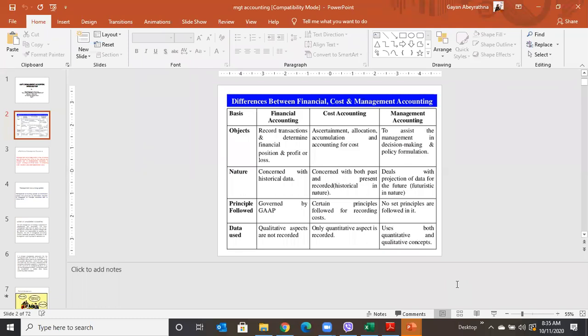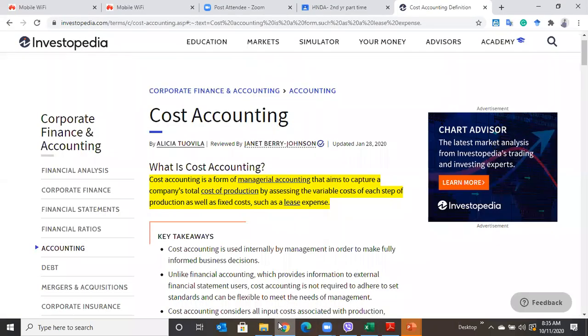When it becomes cost accounting, fundamentally, we are going to deal with the cost of a particular product. So a simple definition we can develop.